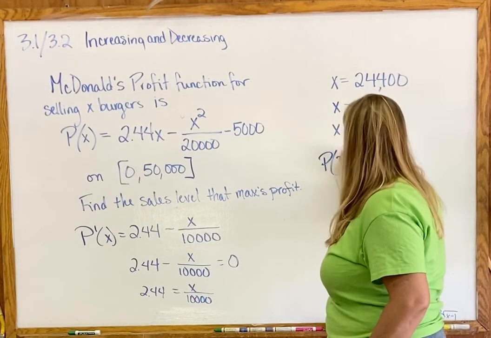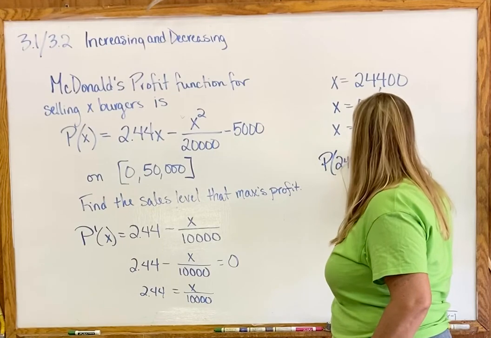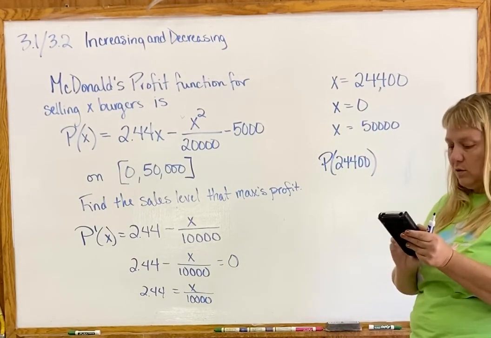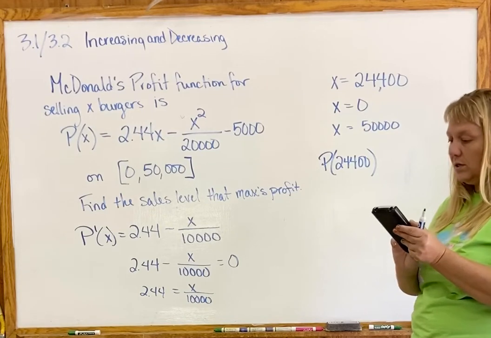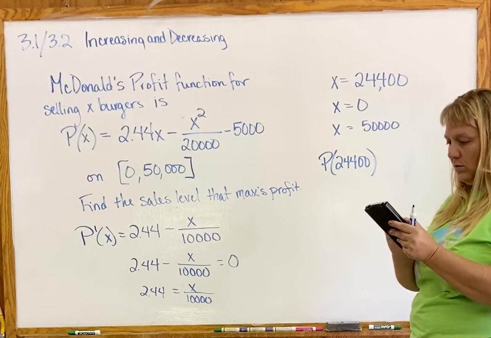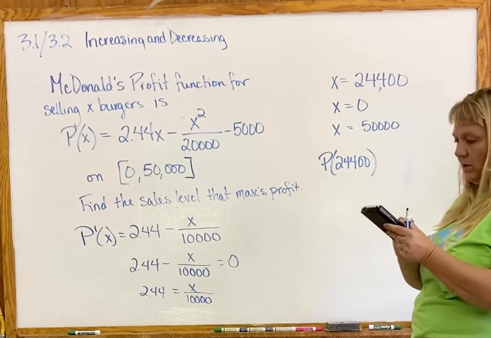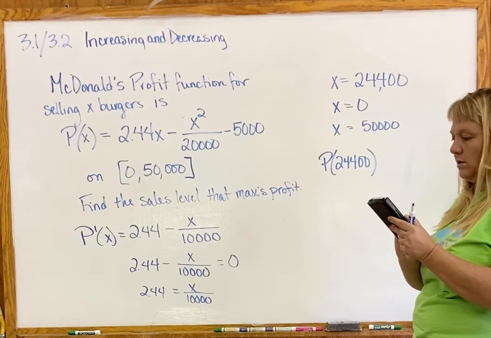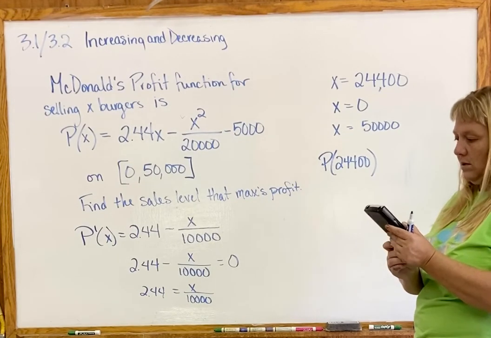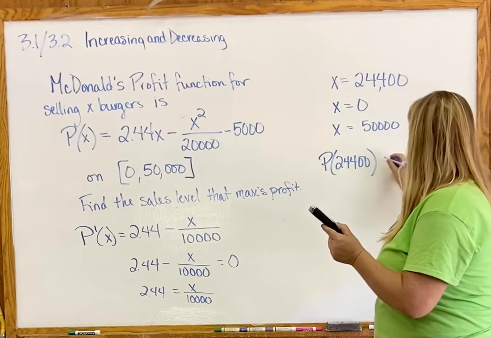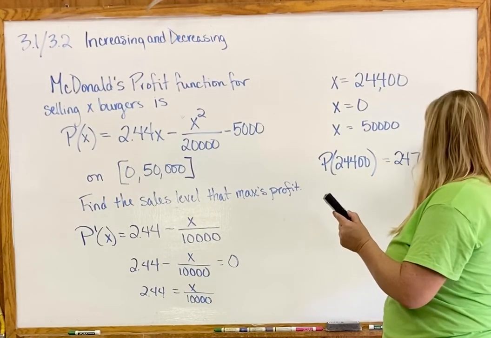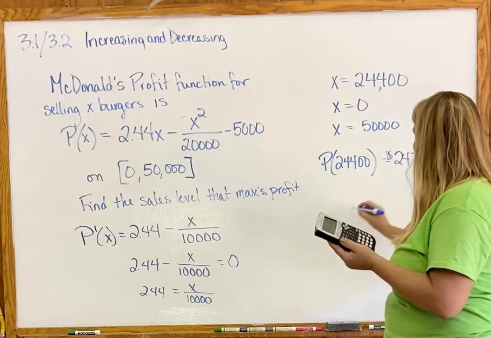Well, this is definitely time for your calculator. 2.44 times 24,400 minus 24,400 squared divided by 20,000 minus 5,000. Here I got 24,768, and this would be in dollars.